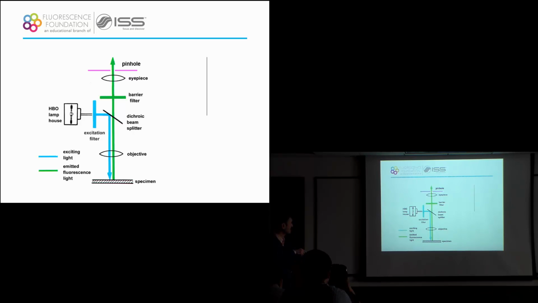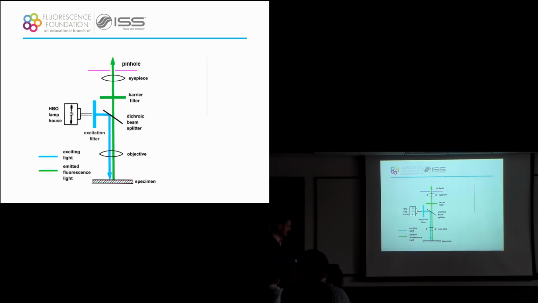And this produces an image that is generally fuzzier or not crisp. By the introduction of the pinhole, we actually look at a region that is fairly confined. So it's about 1 micron in Z, and about 300 nanometers lateral resolution. So the image is much crisper and clearer.